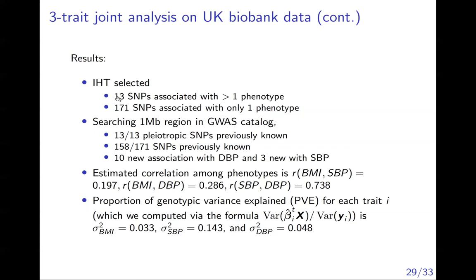It turns out that all 13 pleiotropic SNPs were already known, and over 90% of independent SNPs were previously known. We did find 10 new associations with diastolic blood pressure and 3 new associations with systolic blood pressure. We call them new because they are not within 1 megabase of any known SNP associated with these traits.